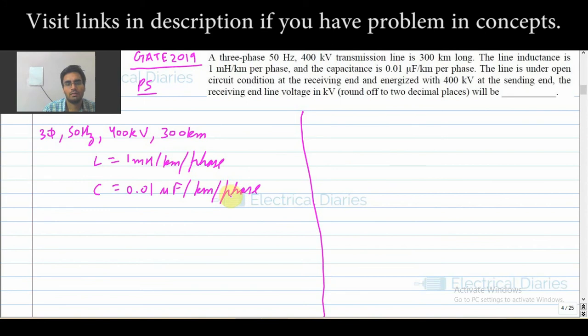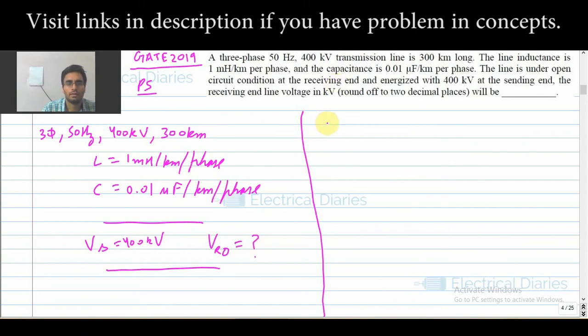The line is under open circuit condition at the receiving end and energized with 400 kV at the sending end. So VR is at no load, and VS is 400 kV. We have to find the receiving end line voltage in kV, VR at no load.